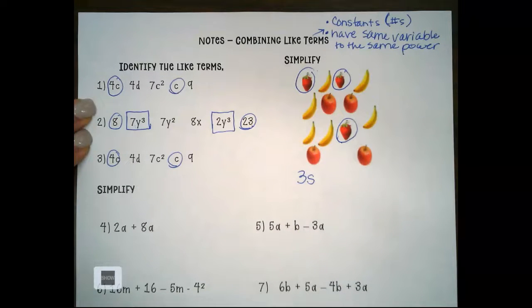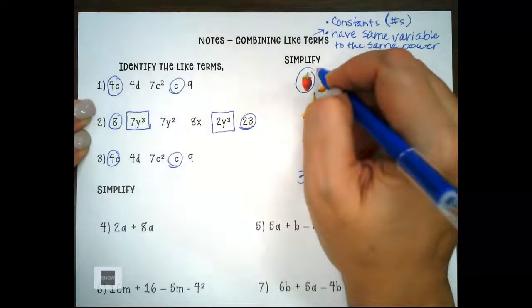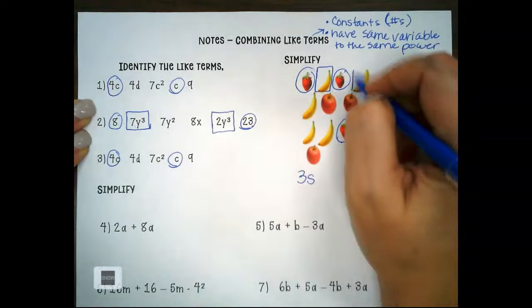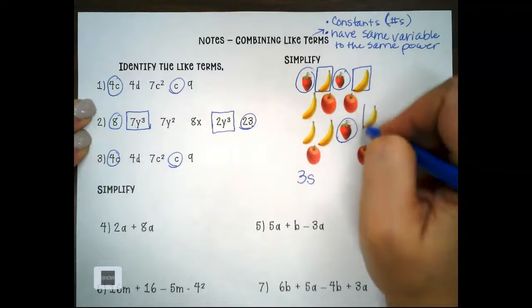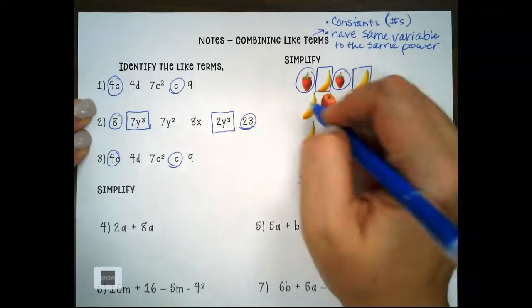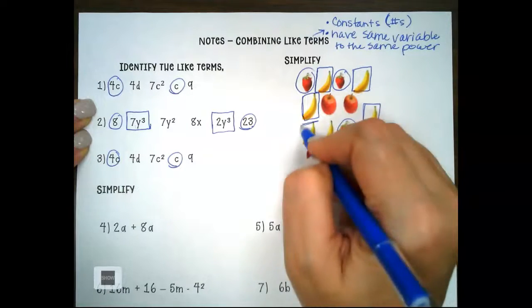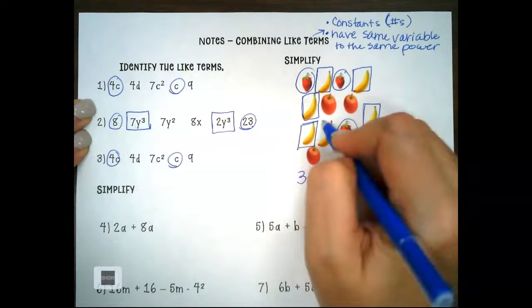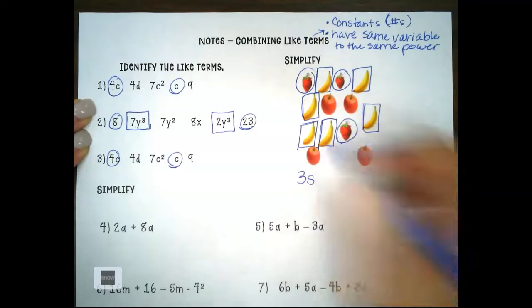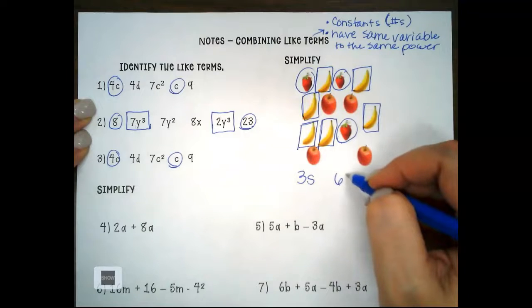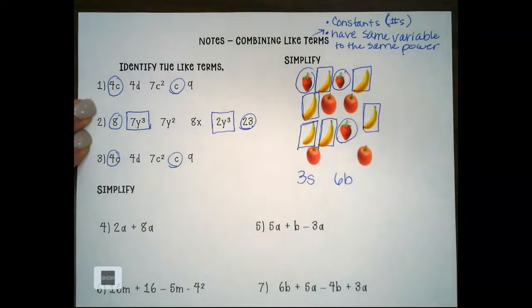Okay, let's look at the bananas. I'm going to use a different symbol because it's not like the strawberries. Okay, 2, 3, 4, 5. I have 6 bananas. And so I'm going to use the variable B for bananas.